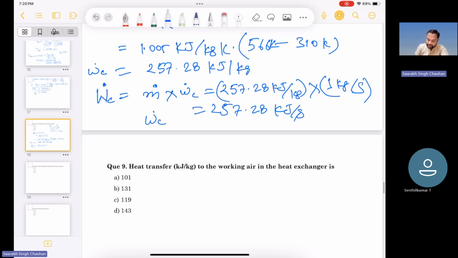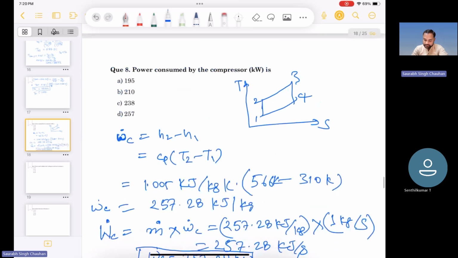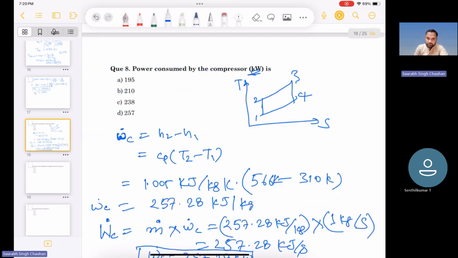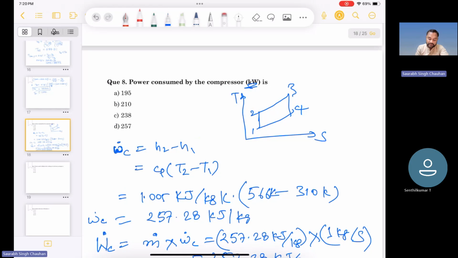So it is basically 257.28 kilowatt, right? In kilowatt it is asking, so 257 kilowatt. The correct option should be option D, right?